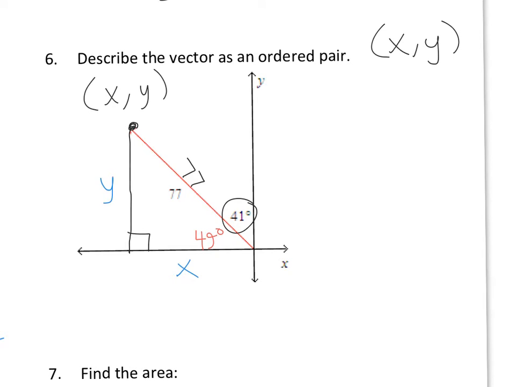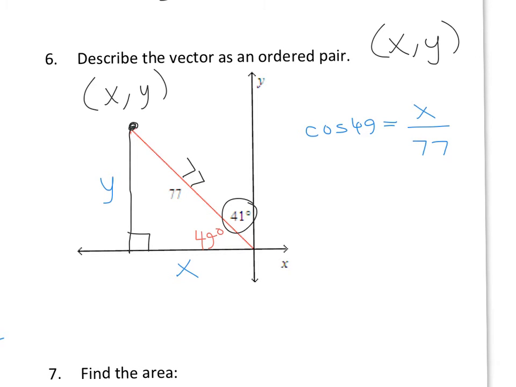So to figure out the x, you're going to do the cosine. So it's going to be the cosine of 49. So the x is going to be the cosine of 49 equals, remember cosine is adjacent, so adjacent to 49 is x. So it's x over 7, the hypotenuse.